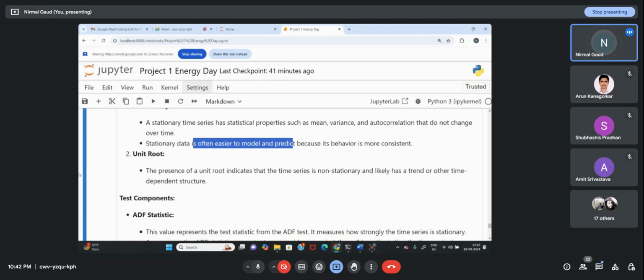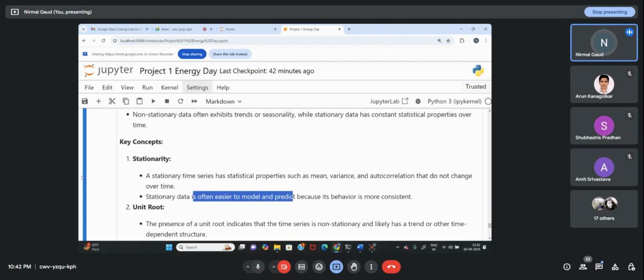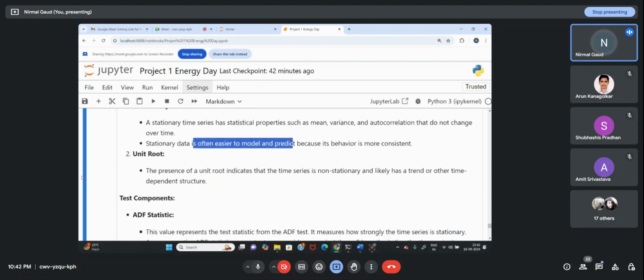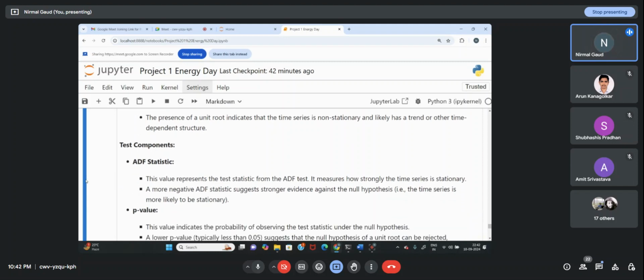Non-stationary data exhibits trend or seasonality, so it is not constant behavior. It may change anytime. So for prediction, we are checking whether my time series is stationary or not. If not, convert it, then apply the algorithm.